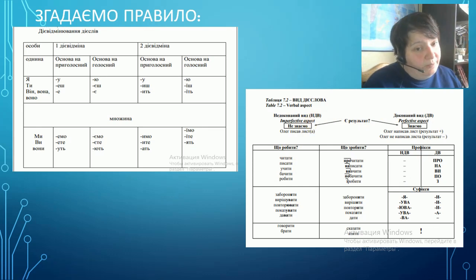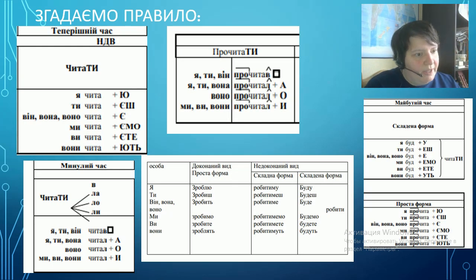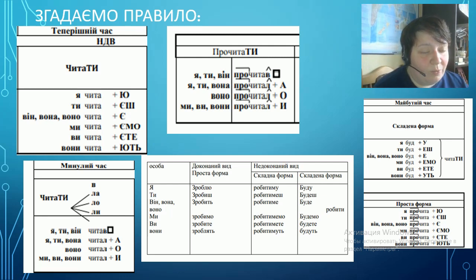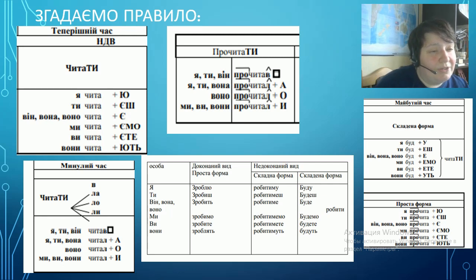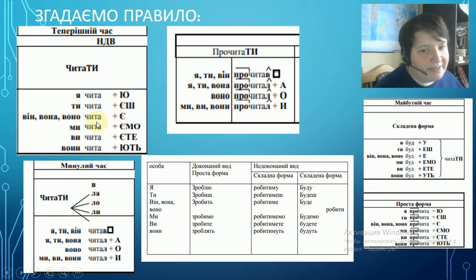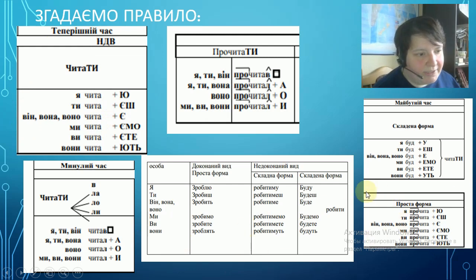And we will continue. Згадаємо правило. And here we have some rules about the tenses in Ukrainian language that you have definitely watched in my other videos, and if you haven't, just look at this hint and watch them all. So here is the present tense, here is the future tense, and here is the past tense.